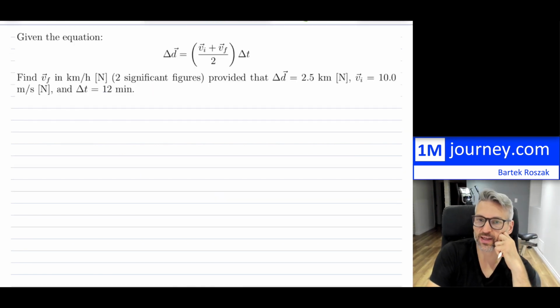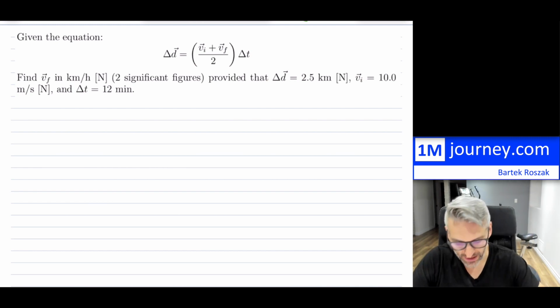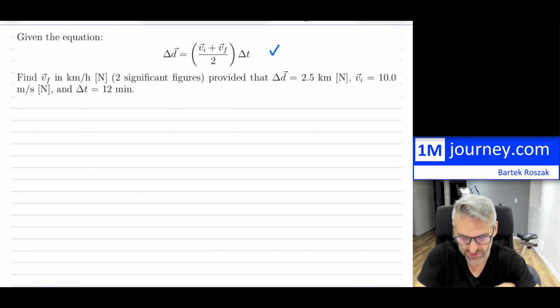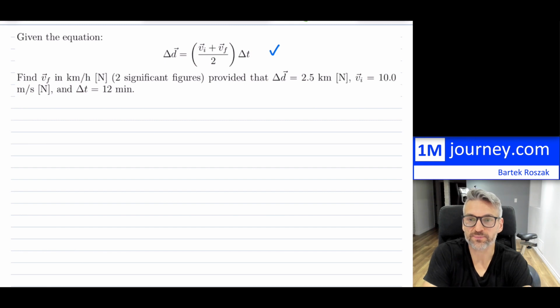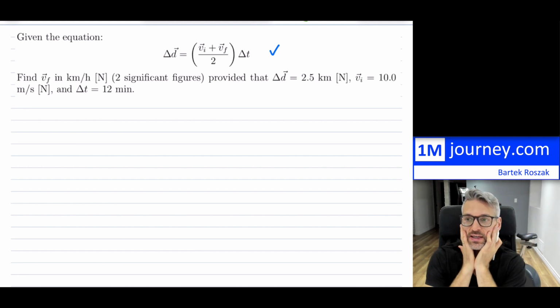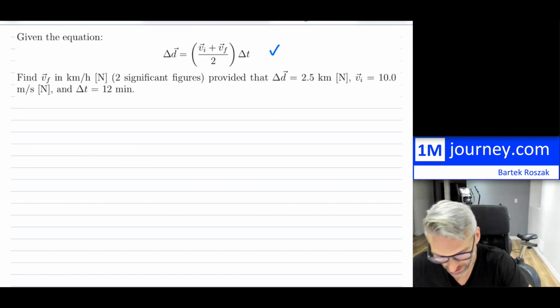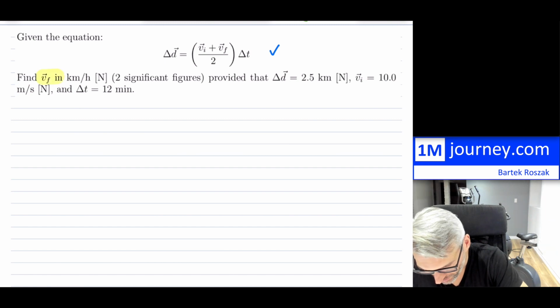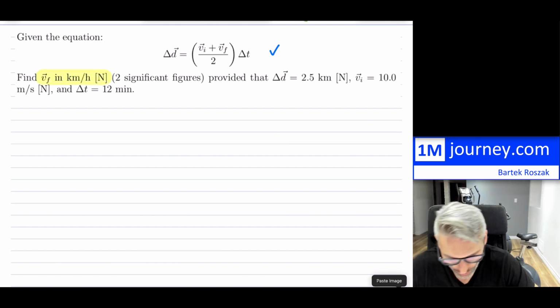Here's our final example that I want to do in this video. Given another formula, so this is the delta D, is equal to, and this is the displacement. This is what we have in terms of the formula that's given. We want to be able to find the final velocity in kilometers per hour north.